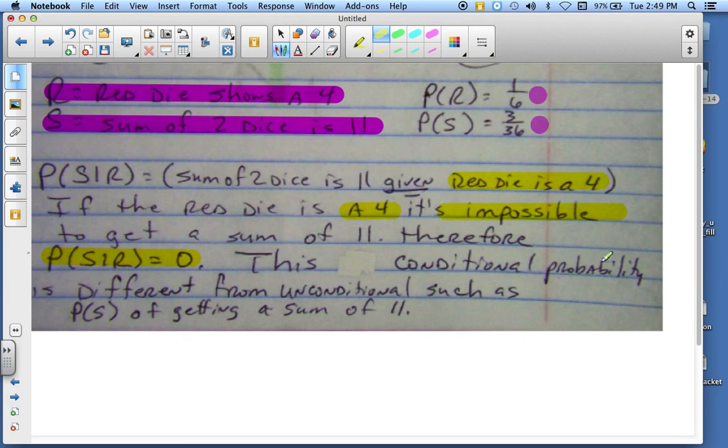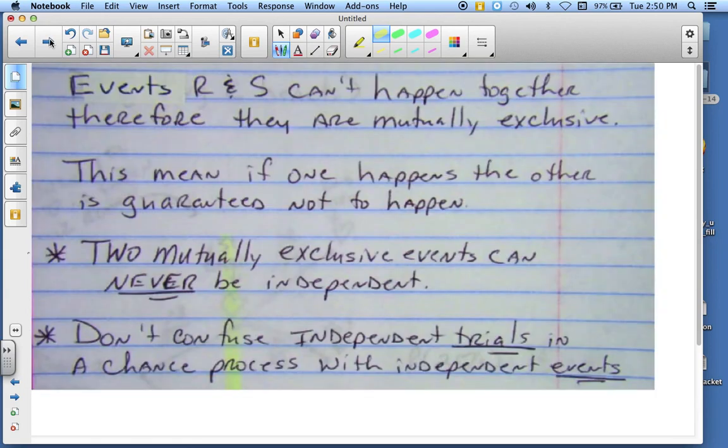Now, I wrote a little thing here. I'm not sure if it really makes much sense, but this conditional probability is different from an unconditional one, such as the probability of rolling two dice for an 11. So, conditional versus unconditional. Okay, there's no condition on this one. And I think that is it for, oh, last thing, events R and S. So this is rolling a 4, and this is getting a sum of 11.